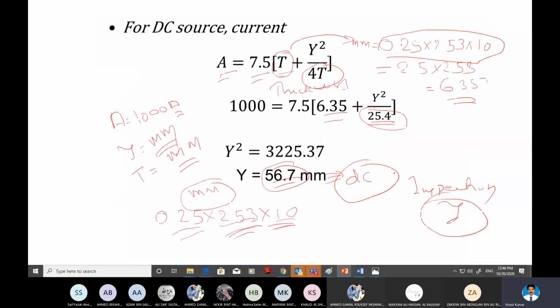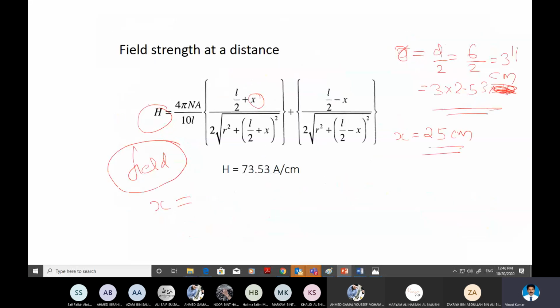What will be H, the field strength? You have N, the number of turns, and the current, 1000 ampere. N is 6 turns, length is 1 meter, then you have L by 2. Substitute all values and you will get the value of H. Can you please solve it and come back to me in the next class?